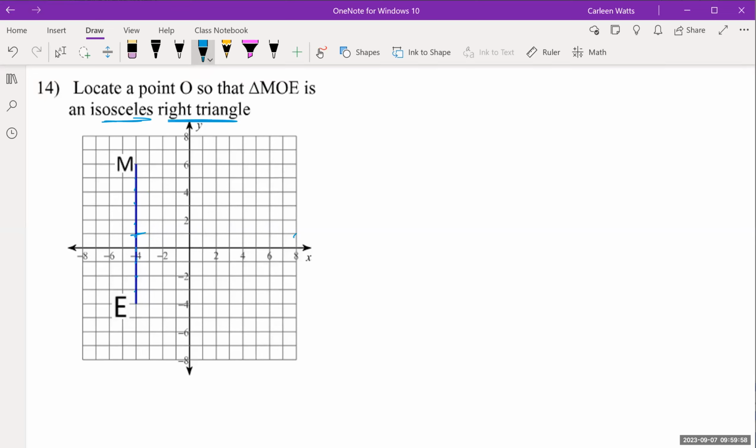If I go up here, that's acute. Now, somewhere in between those two is a right angle, but that's too hard to do. I don't know how to do that. So this is 10 units. So how could I get an isosceles right triangle? Any ideas?